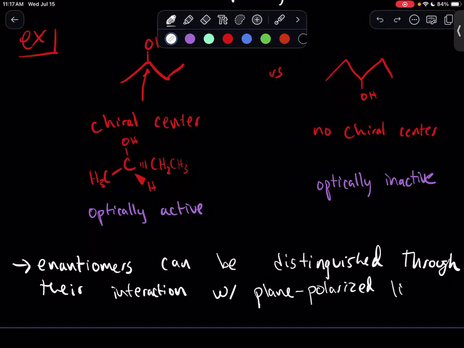So we can use optics to distinguish enantiomers. Enantiomers will have optical activity, and therefore we call them optical isomers.